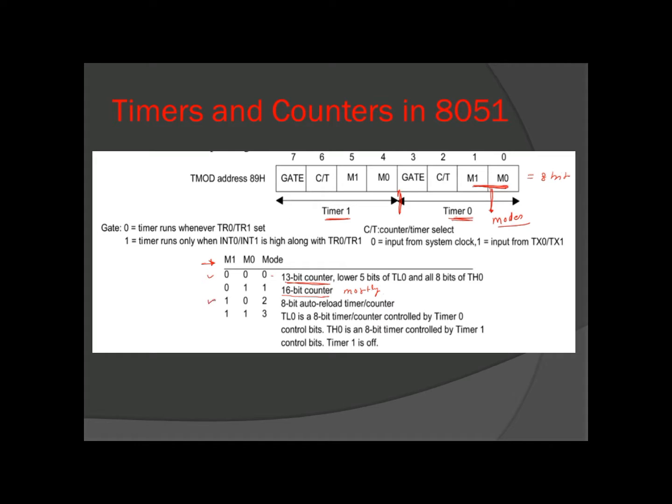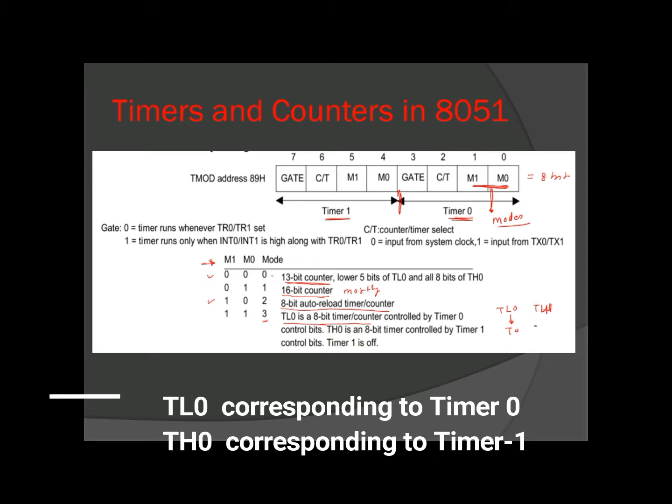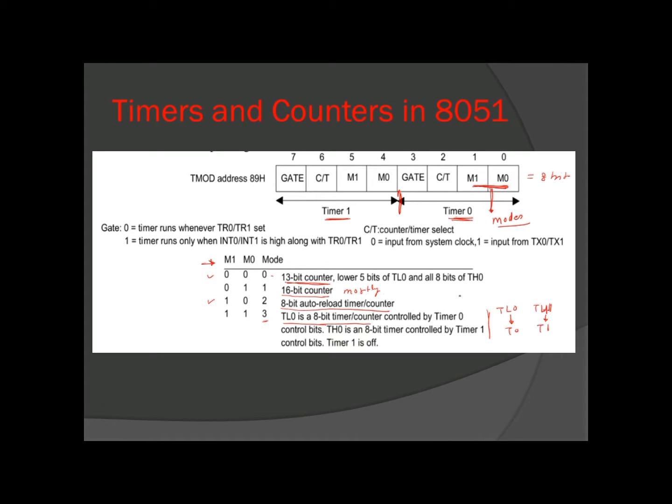Mode 2 is an 8-bit auto-reload timer/counter, and mode 3 is an 8-bit timer/counter having TL0 corresponding to timer 0 and TH0 corresponding to timer 1. This is the difference between mode 3 and all other modes.